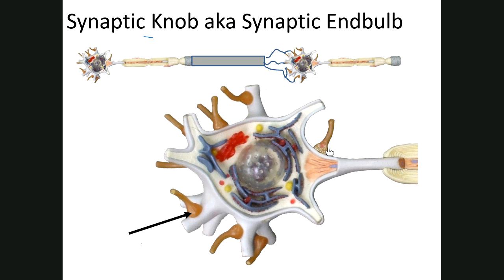Then you've got your synaptic knob here, or synaptic end knob, and these little white dots that you see in there are the synaptic vesicles. That has all the neurotransmitter, and eventually it's going to get released here onto the cell membrane.